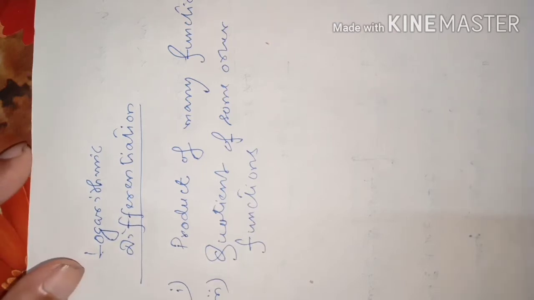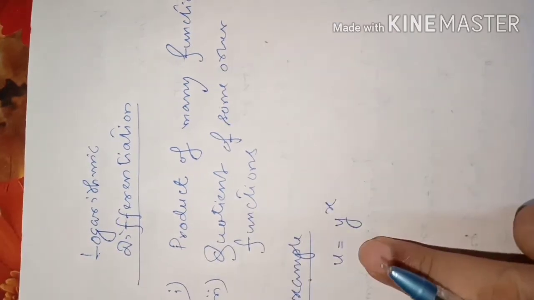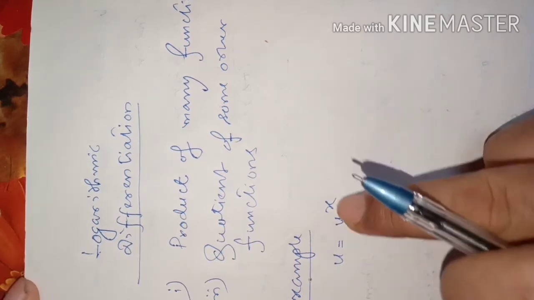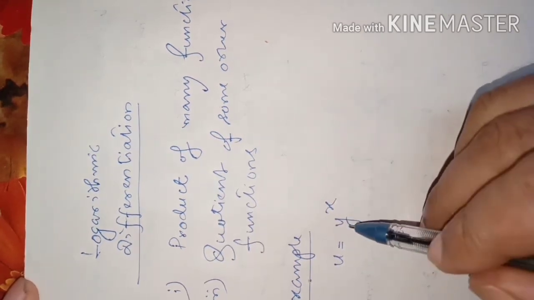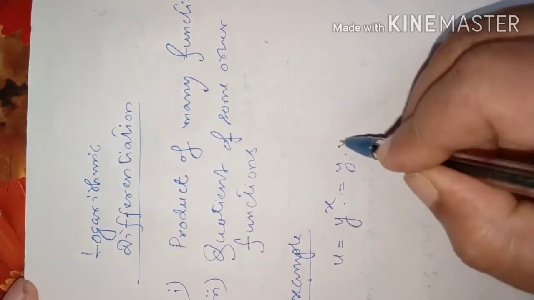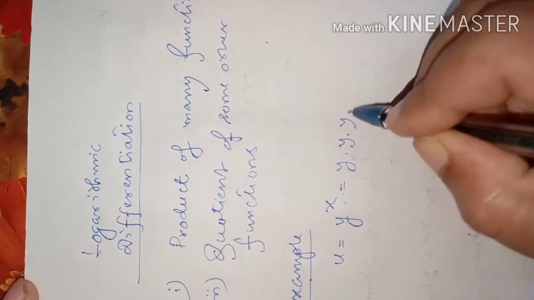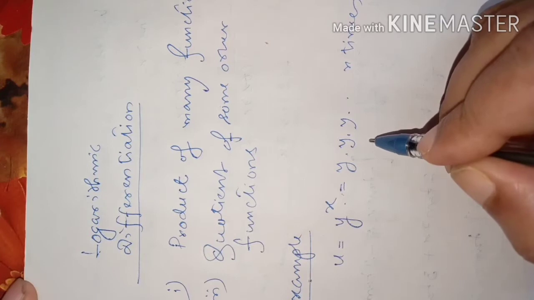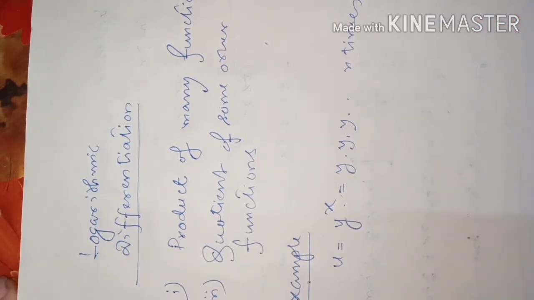For example, see here, this is a function given in exponential form, but it is a product. Actually y is multiplied how many times? x times. So it is a product of so many functions. Or suppose there is a quotient function like this.